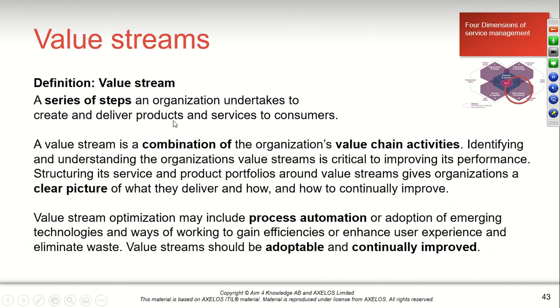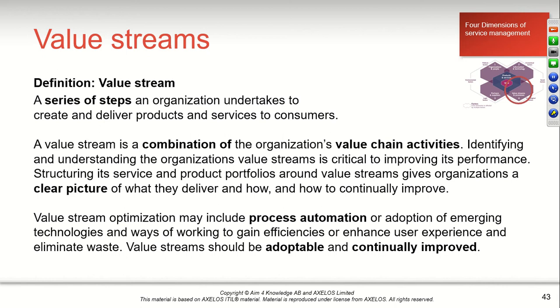The value stream refers to the series of steps that an organization will undertake so as to create and deliver products and services to customers. A value stream is a combination of value chain activities, that is, activities that can create value.